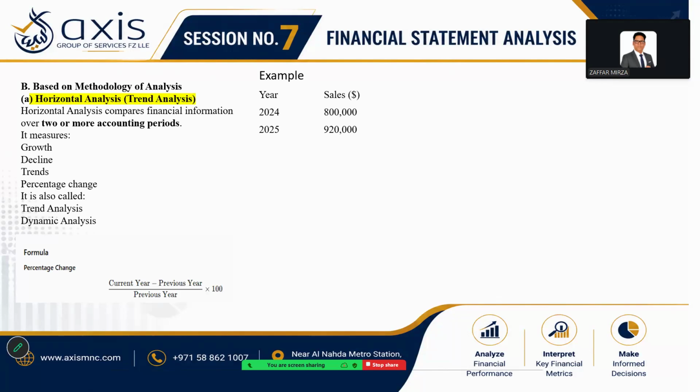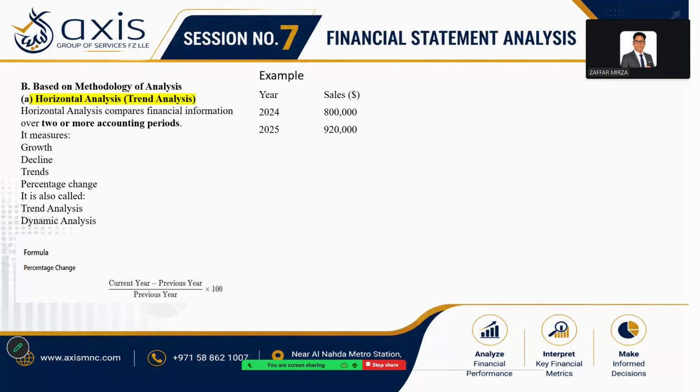So, we have started, Alhamdulillah. Okay. Year 2024 and 2025, two years given, which comparison can we do? We can do horizontal analysis, which means trend analysis. How can we do the percentage change? Sales in 2024 is 800,000.